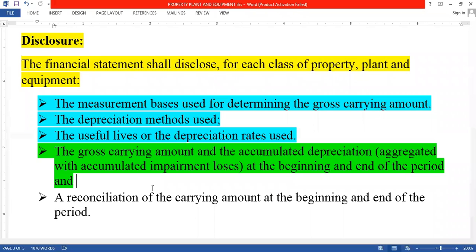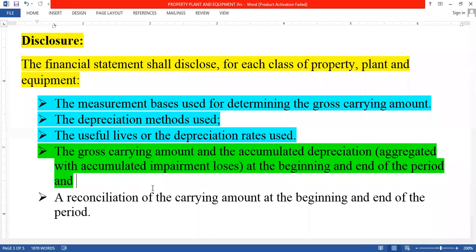Gross carrying amount is the amount finally available for the calculations: how much we incurred for the particular asset. The accumulated depreciation also includes the impairment loss.